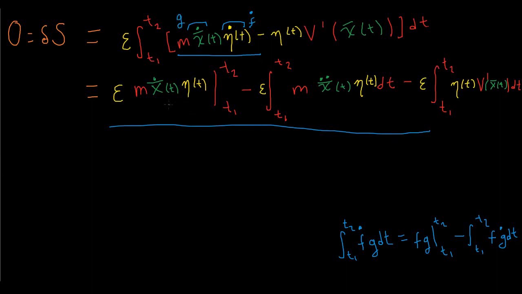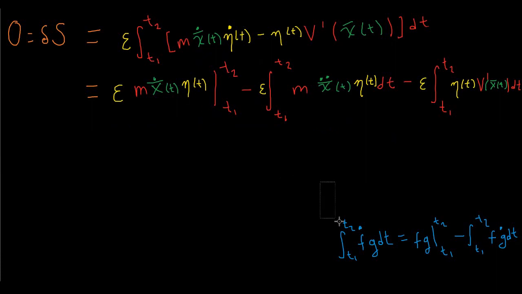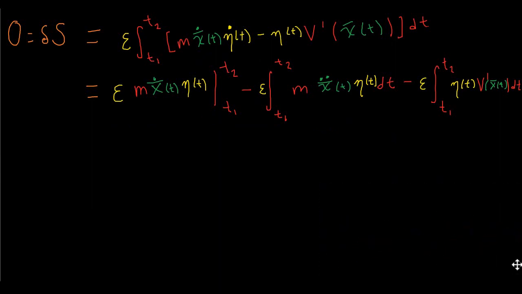So then g came here, f was here, and then here was g dot, and then here was f. So I just integrated by parts. Okay, let's undo all that. And now that I have successfully integrated by parts, I am going to get rid of this because I just did it. Boom.